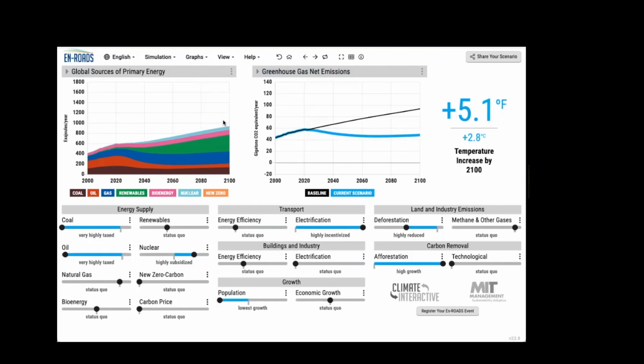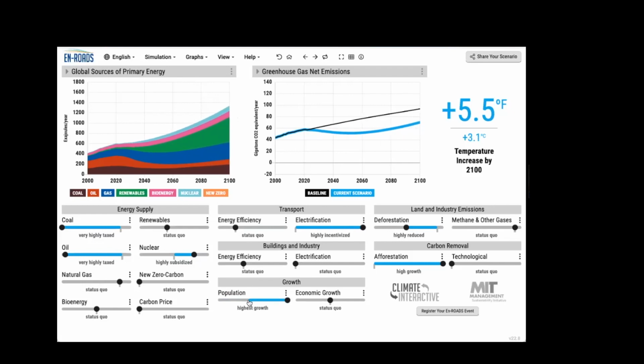And what you see in this case is the overall amount of energy being used is reduced. If we increase the population growth, you can see the overall energy use is being increased. It looks like renewables go up the most, but they all move up a little bit.